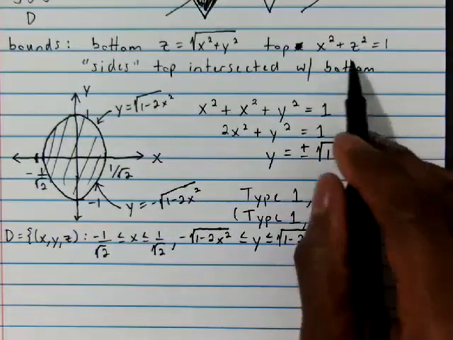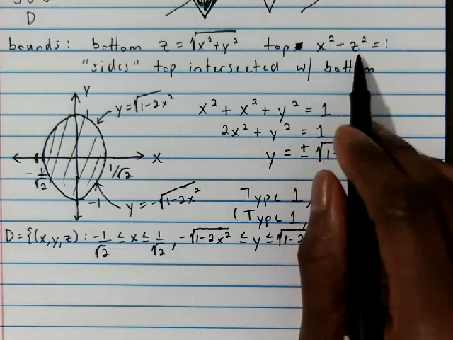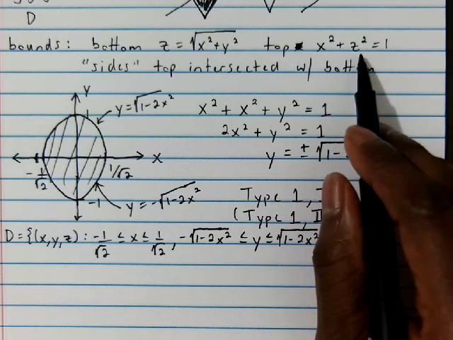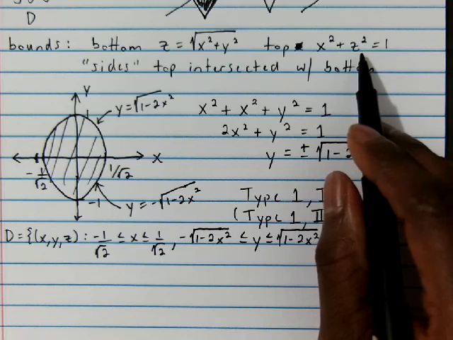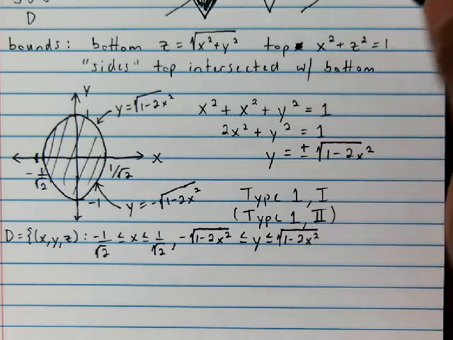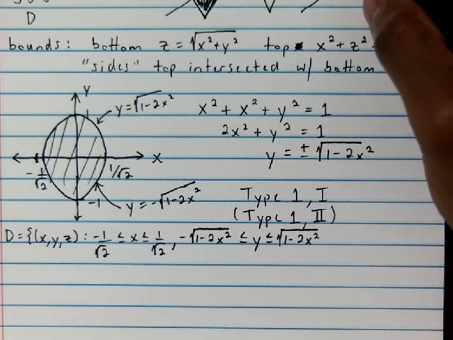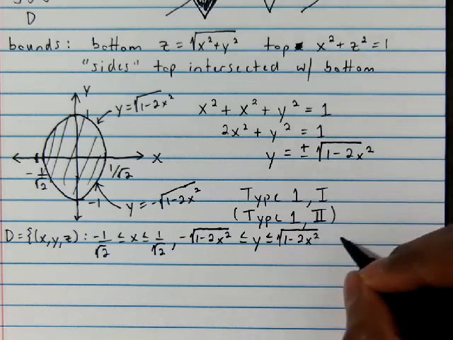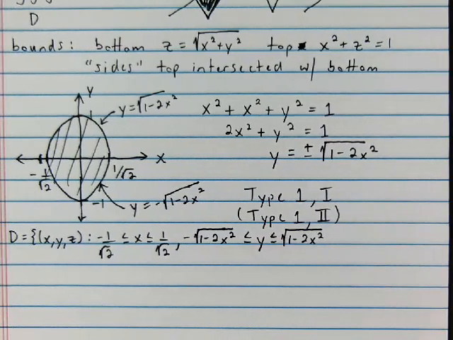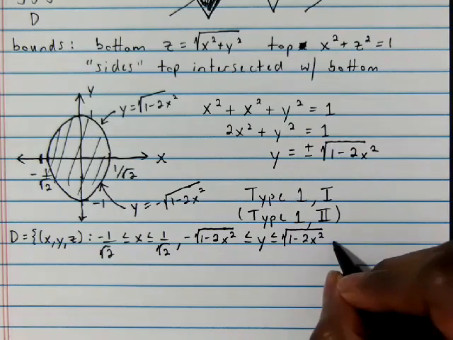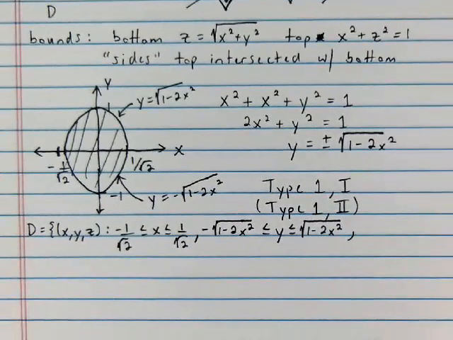So now when we solve this for z, we end up getting z equals plus or minus the square root of 1 minus x squared, but we only want the positive part of that because we are looking at the top half of this cylinder cutting off that cone. So our z, I don't think I can fit that in there. Sorry, I'm going to put my z's down on the next line.